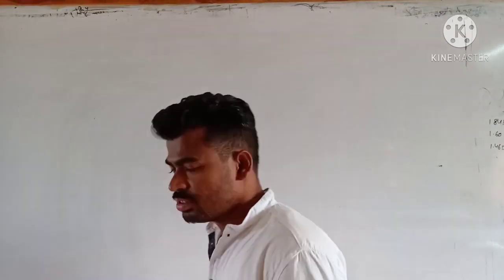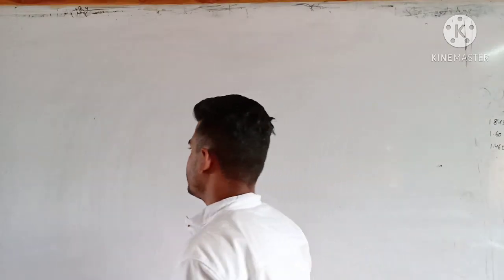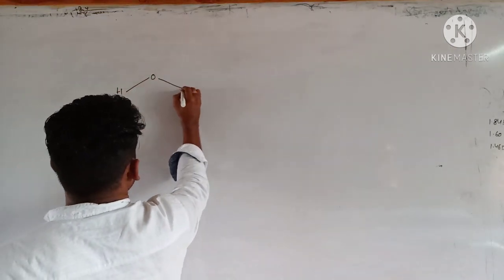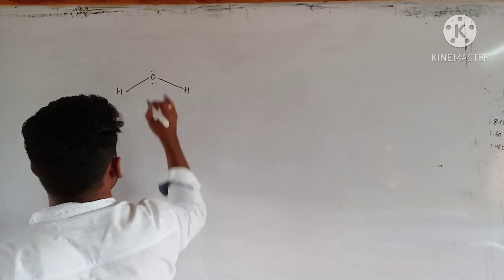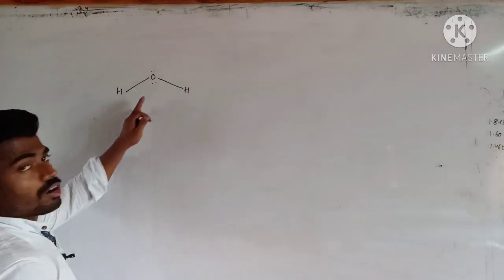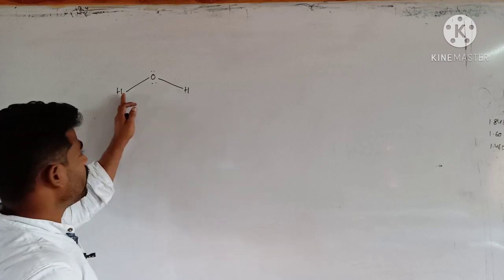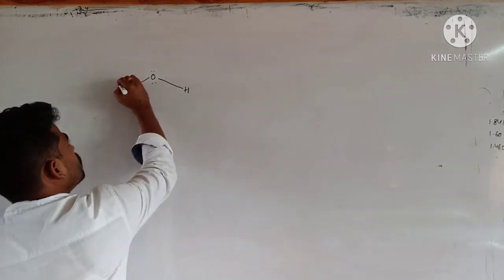Again, let us consider a few polar molecules. For example, in case of water, its structure is V shape or bent shape, like this. Oxygen is more electronegative than hydrogen, so the dipole direction will be like this.